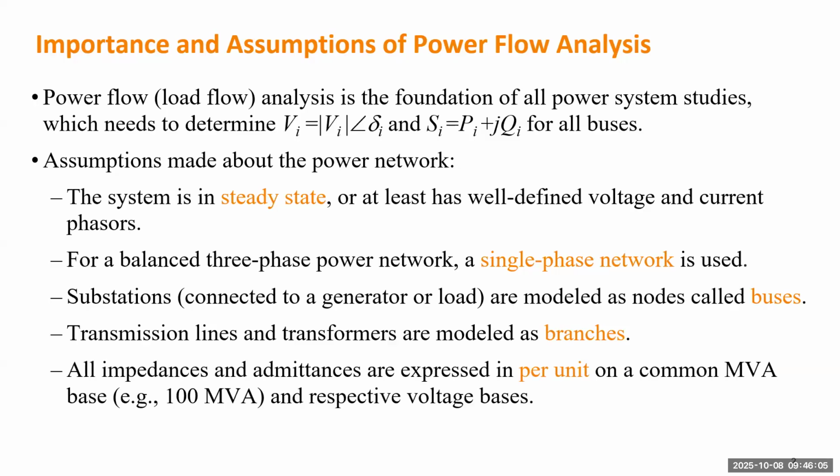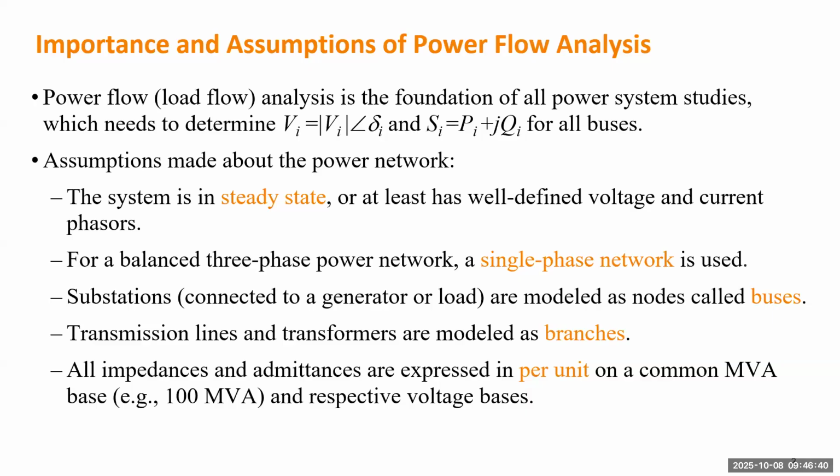Next, we want to make calculation easier, especially for the convenience of coding. If you want to program power flow analysis in software, we don't want to deal with physical units like kilovolt, volt, ampere, kiloampere, megawatt, or kilowatt, right? So we don't want to deal with units. We want to convert everything to per unit. Then we need to choose a base. For power, we have to select a common base for the entire system.